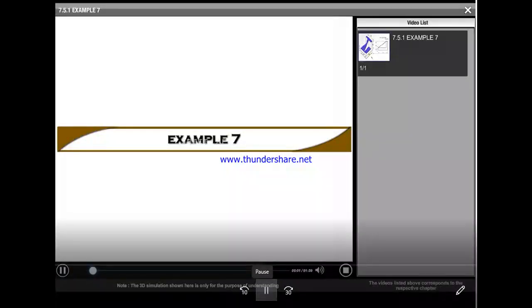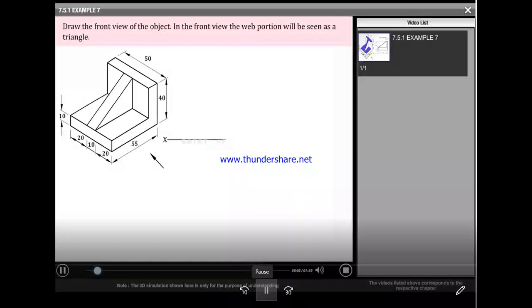Example problem 7. Draw the front view of the object. In the front view, the web portion will be seen as a triangle.